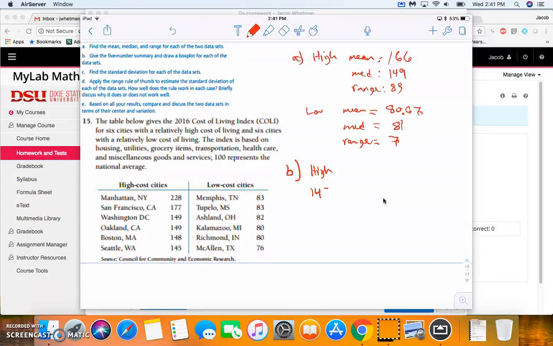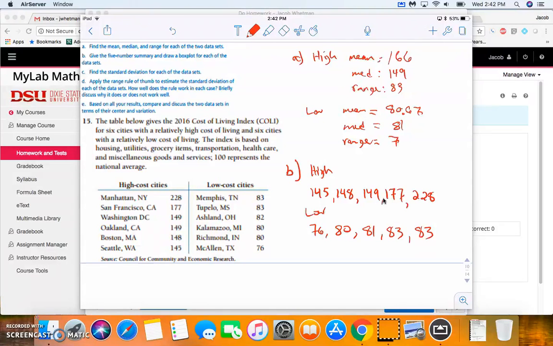The minimum was 145, quartile 1 was 148, then the median was 149, quartile 3 was 177, and 228 was our maximum. Then for the low, the minimum was 76, quartile 1 was 80, the median was 81, quartile 3 was 83, and the maximum was also 83.